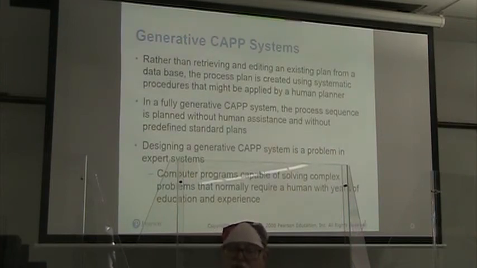So if we have a fully generative computer-aided process plan system, our process sequence is planned without any human assistance and without any predefined standard plans.